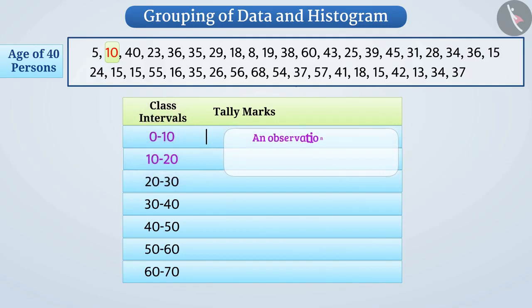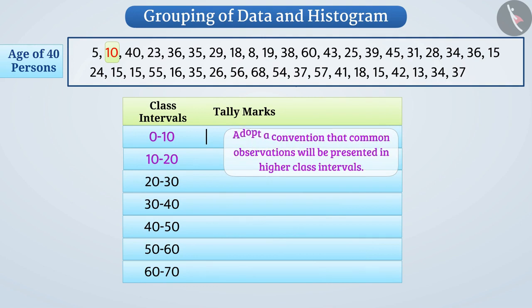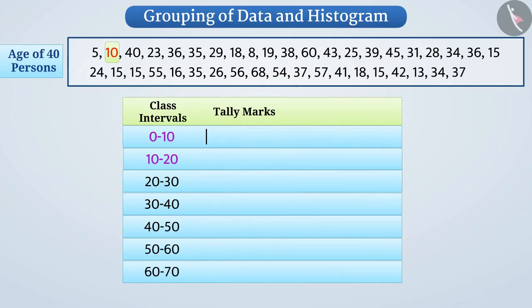But an observation can only be included in a single class interval. To avoid this situation, we adopt a convention that a common observation will be presented in the higher class interval. Here, we will include 10 in the higher class interval 10 to 20 and create a tally mark for it.